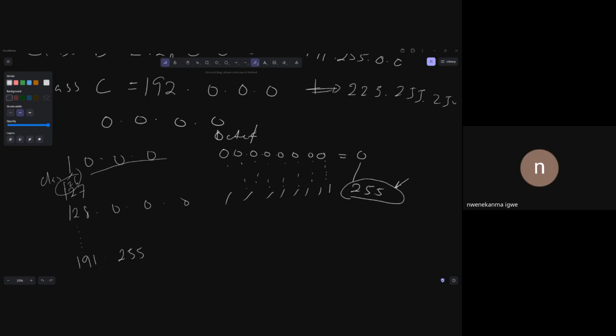I asked about the classification from group A to B to C classes of IP addresses. When you started with the one like that, then when you got to B, you got to C. Now you had 192.0.0.0, and you see you're moving from the right to the left.